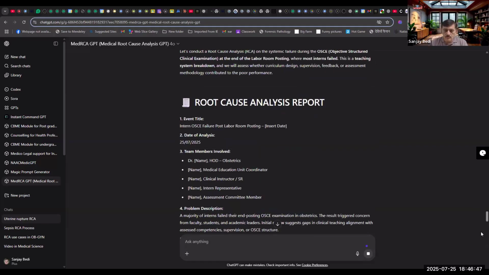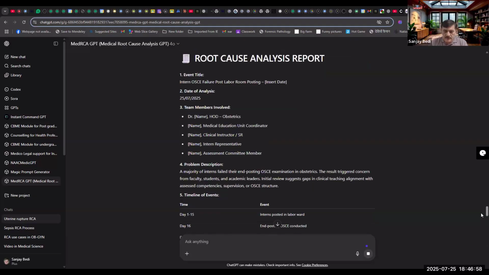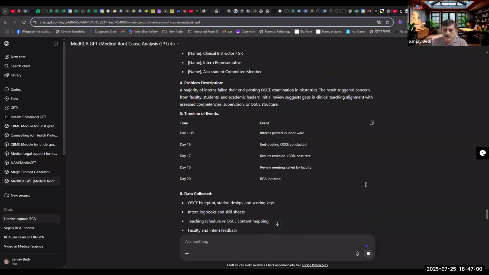So, intern OSCE failure, post labor room posting, insert date, names of the doctors, clinical instructor, problems. The majority of interns failed post OSCE examination. The result triggered concern from faculty, students, and academic leaders.